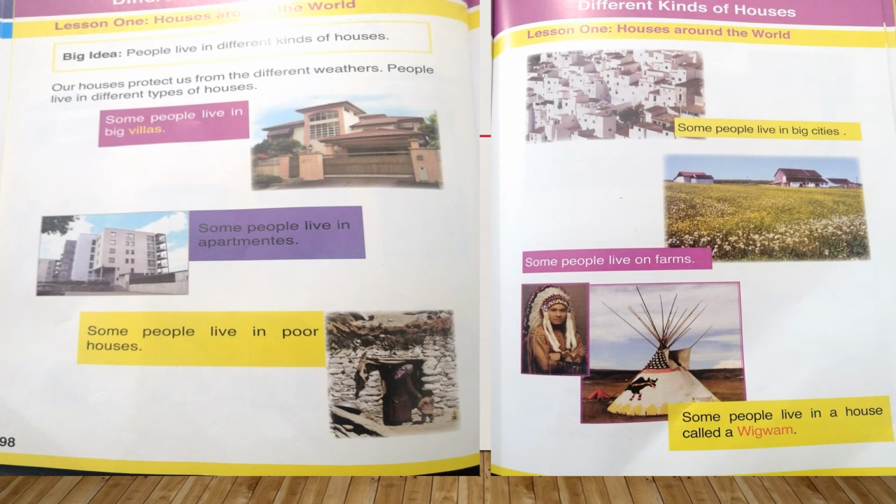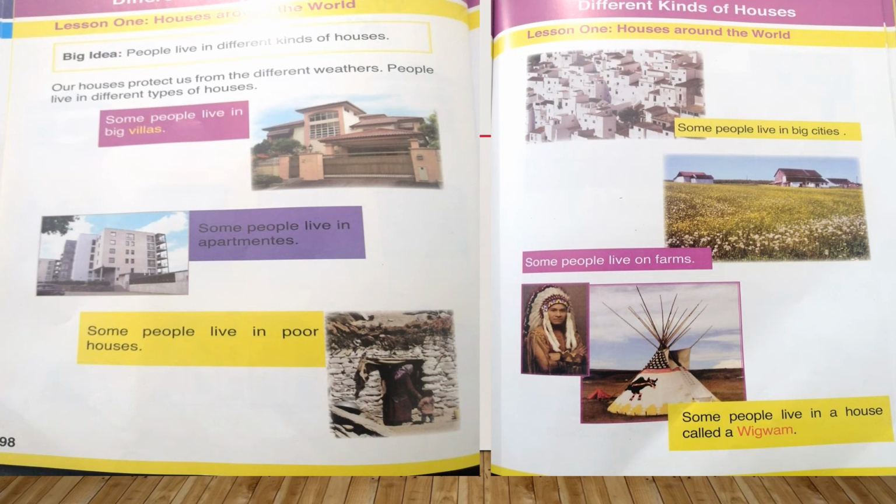So you can see the different houses here. We have villas, we have apartments, and here we say it's a poor house.